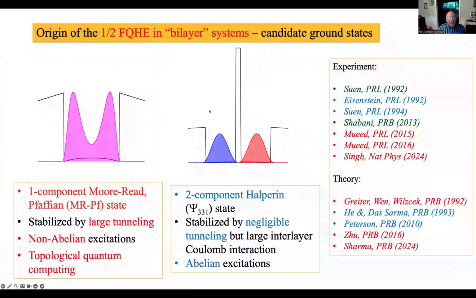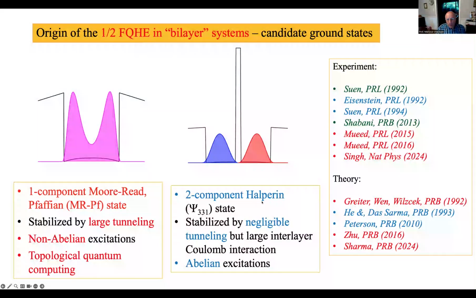So this is a busy slide, if you wish, but the message I'm trying to get across here is that for 30 years, it was never clear whether the state that we see at 1/2 is a Pfaffian, this one-component state that many theorists have predicted, or is it something else?